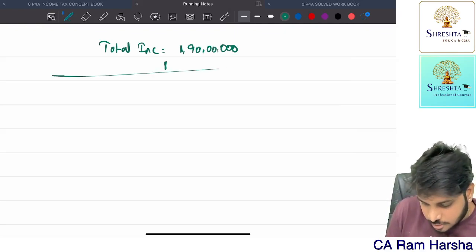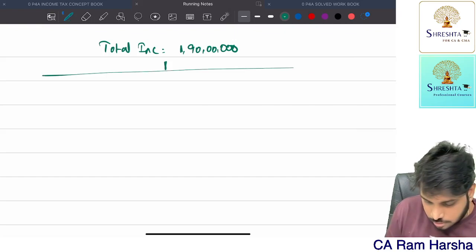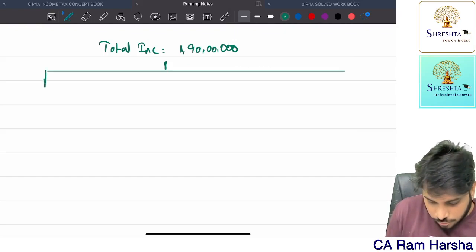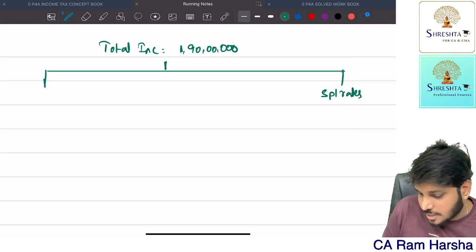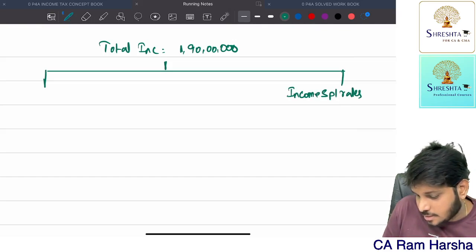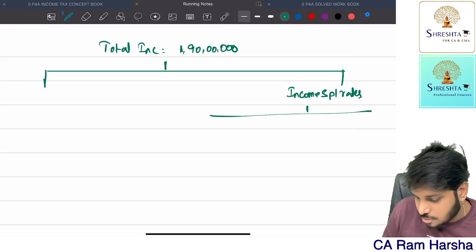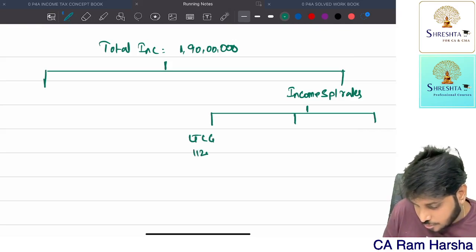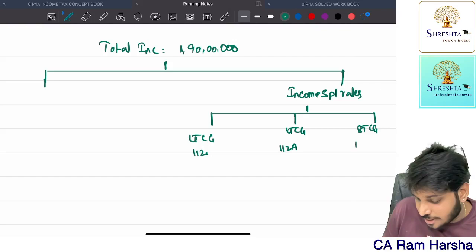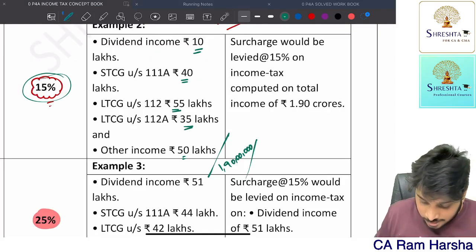Now out of this, what is the income that is taxable at special rates? One is long-term capital gain 112, another is long-term capital gain 112A, another is short-term capital gain 111A. Don't be in a hurry.